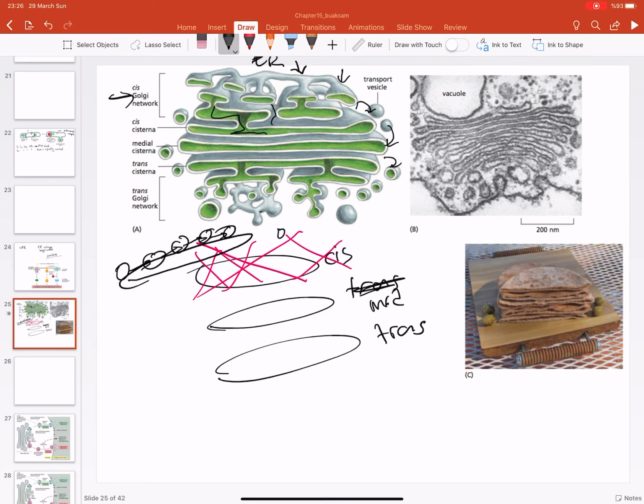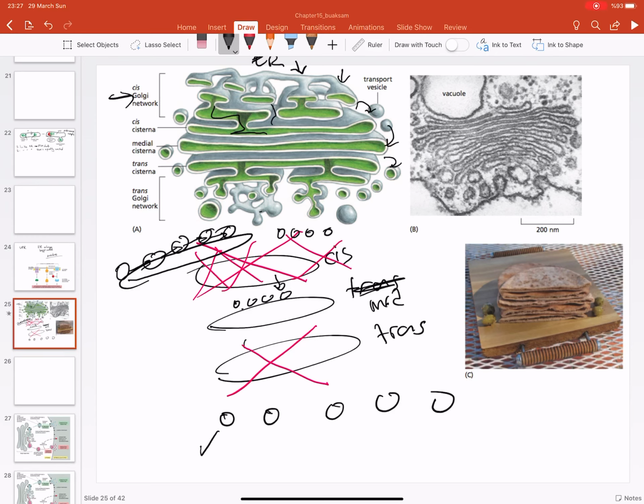The vesicles pinching off from the ER form the cis Golgi, and they become mid Golgi, and then they become trans Golgi. And if you put a fluorescent marker and watch the trans Golgi, what you call trans Golgi now will be gone in a few hours, because it's going to be broken into vesicles.